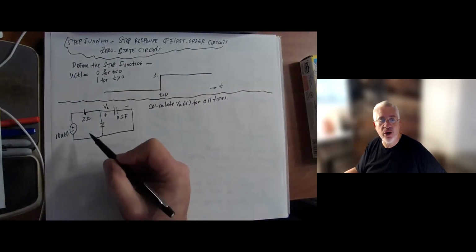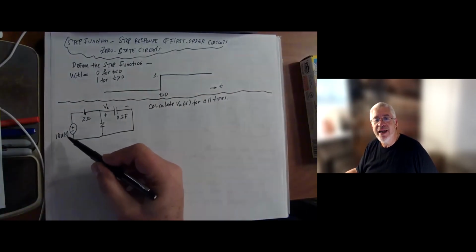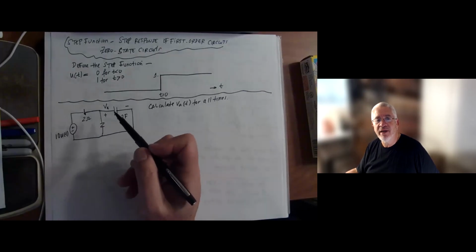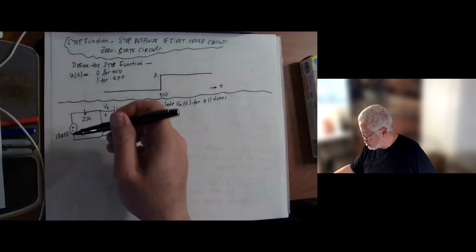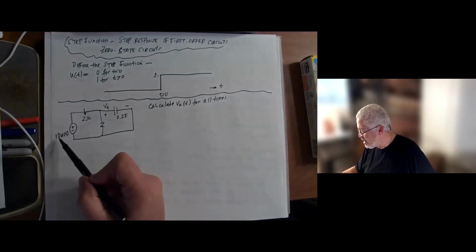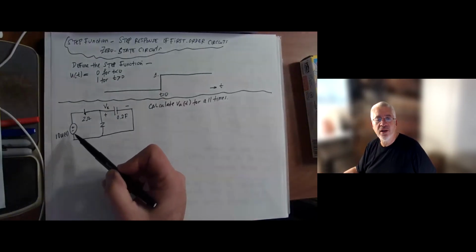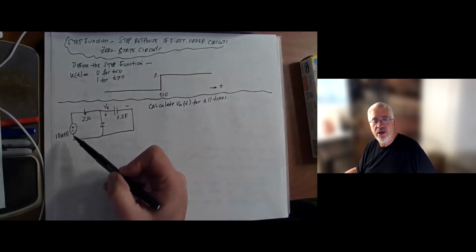When you see a circuit that has a source with a step function, any response can be classified as a step response. The step function is multiplied by 10, but when we talk about step response, it's when the source in the circuit is a step function.